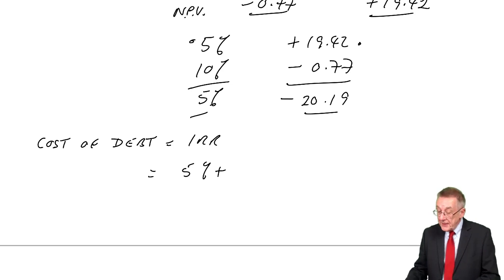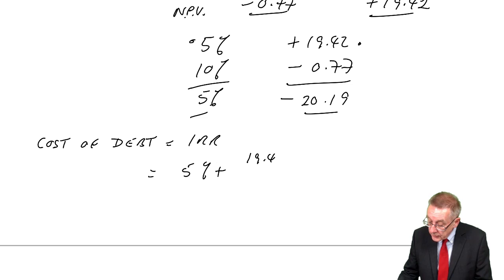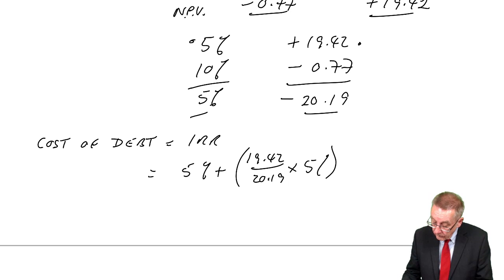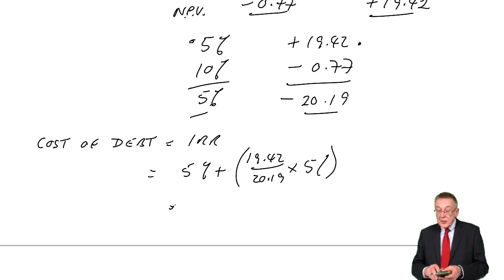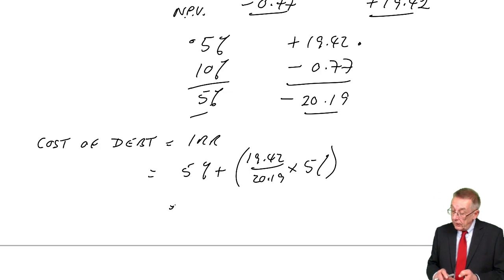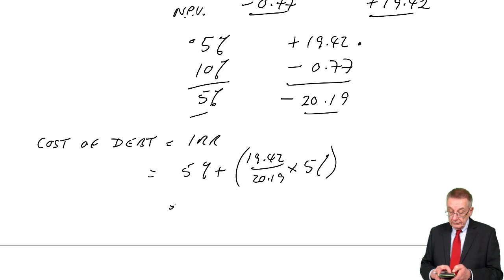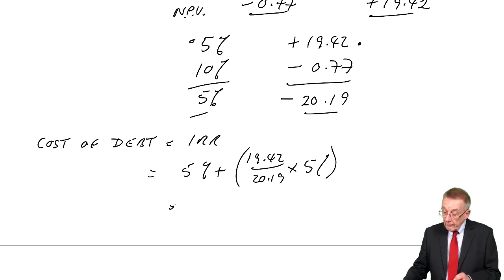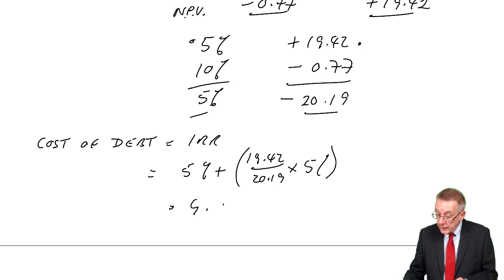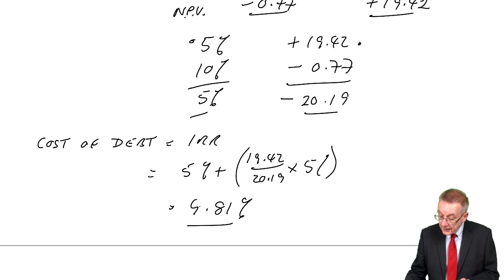We know 20.19 is 5%, so it's 19.42 divided by 20.19 times the change of 5%, which gives a cost of debt of 9.81%.